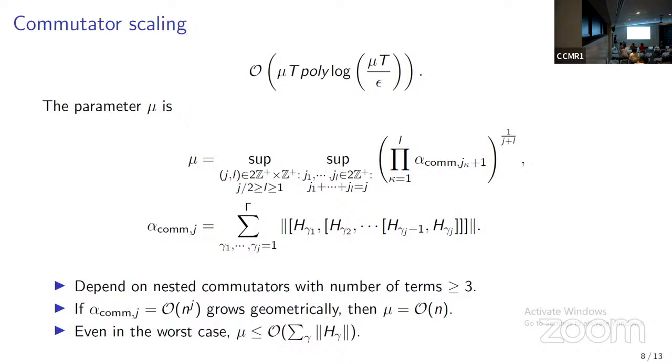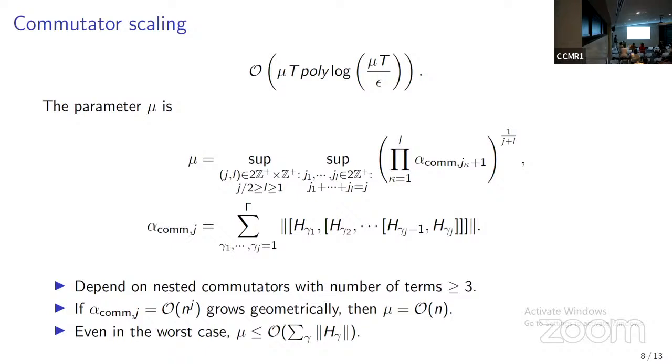This is the homogeneous commutator scaling defined by this parameter alpha J. And our parameter mu is something like the supremum of all of these homogeneous terms, larger than or equal to some order. For example, here we have this alpha J kappa plus 1, and these J kappa are some even numbers.